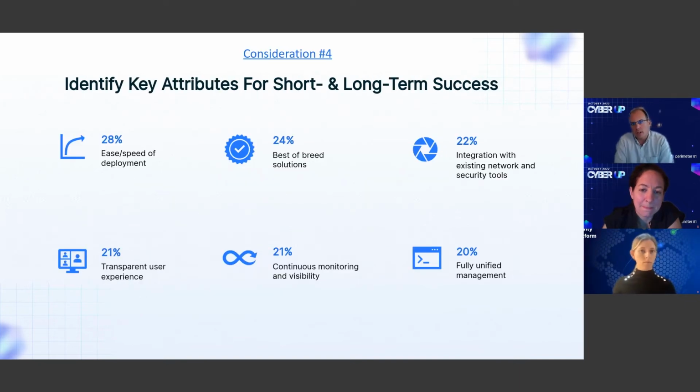So number 4, identifying key attributes for both short and long-term success. One of the things I want to stress is you should be thinking about SSE plans through both that short and long-term lens.